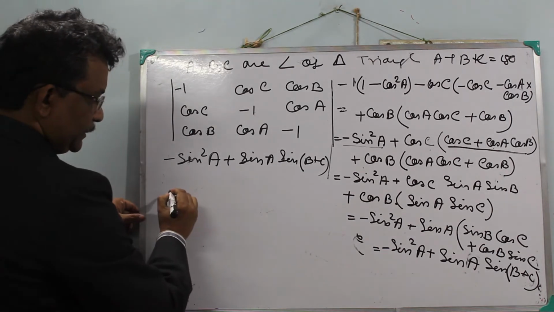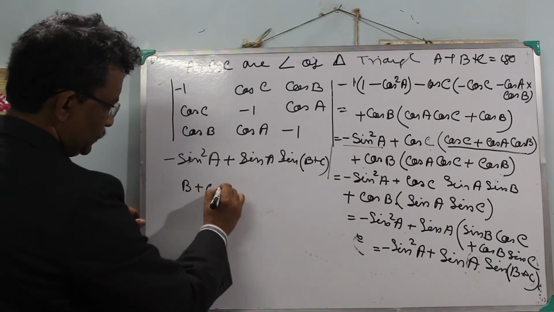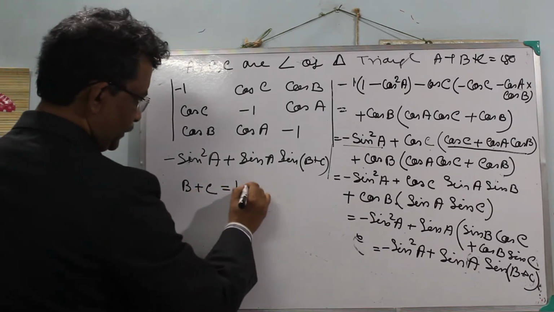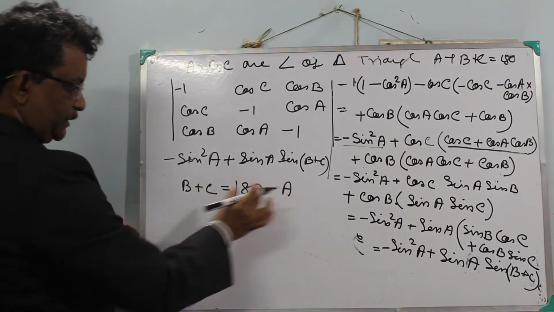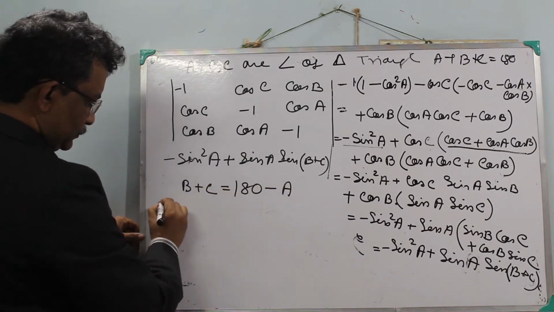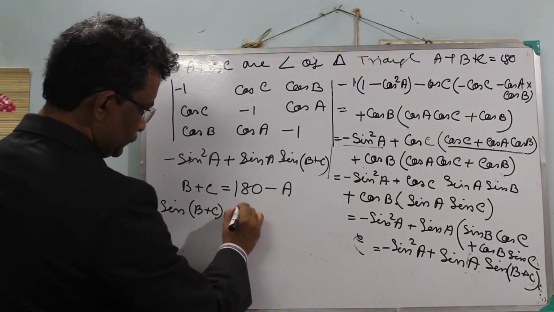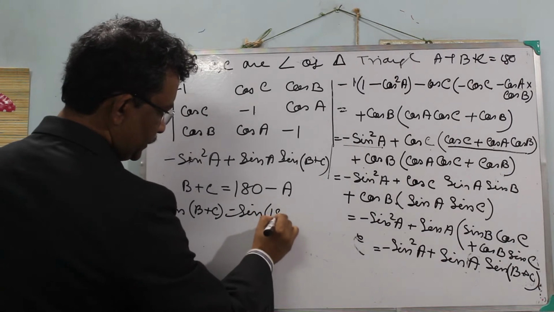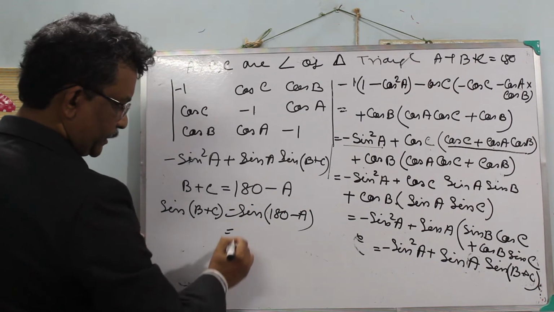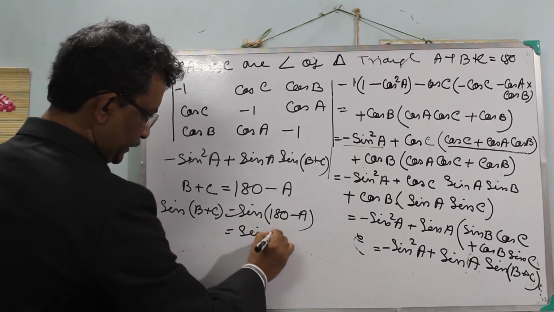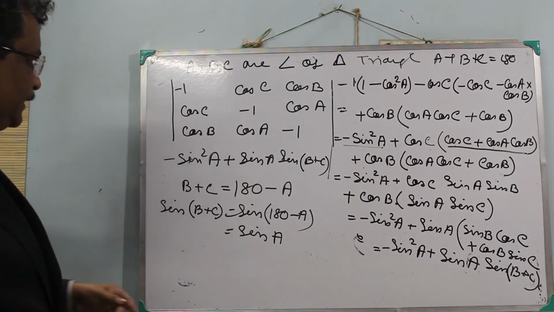So you see B plus C equals 180 minus A, these are angles. So sin (B plus C) equals sin (180 minus A). It is in the second quadrant, sine is positive, so sin A. So sin (B plus C) equals sin A.